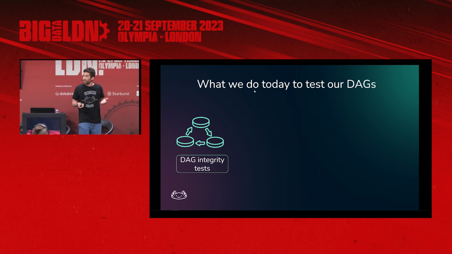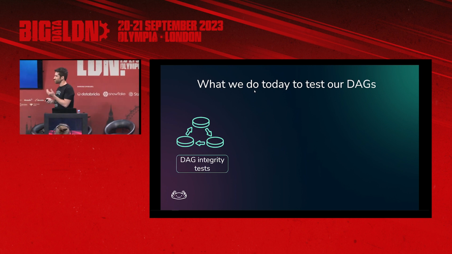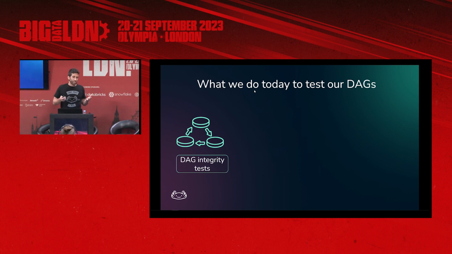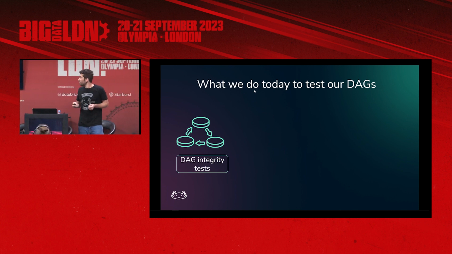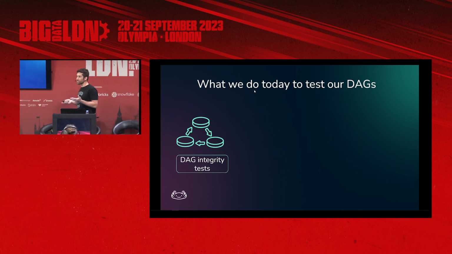So now that we covered all that, let's talk about how we test and how we develop our workflows. So the first thing we do in testing would probably be integrity tests. That is to test the configurations and the structure of the DAG.